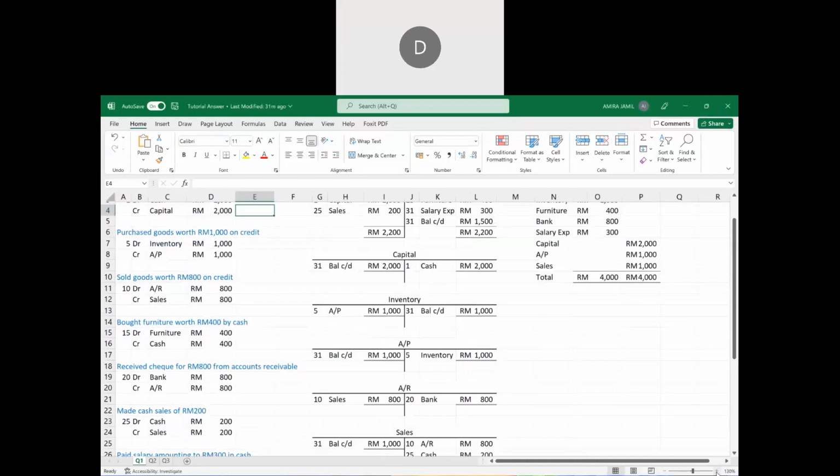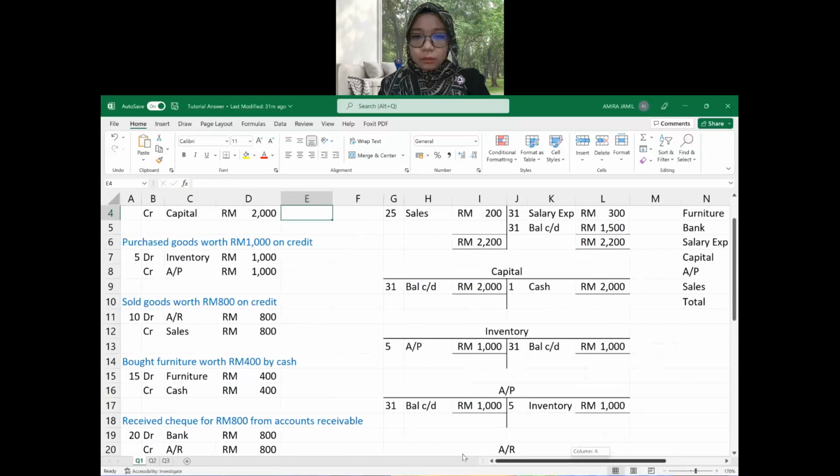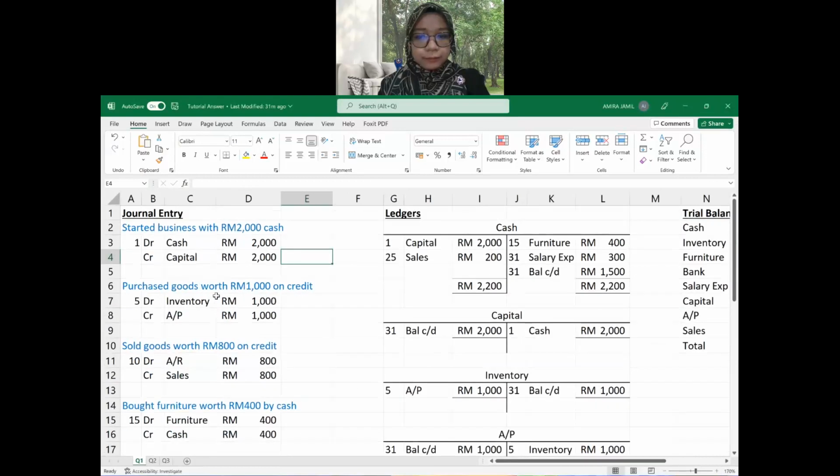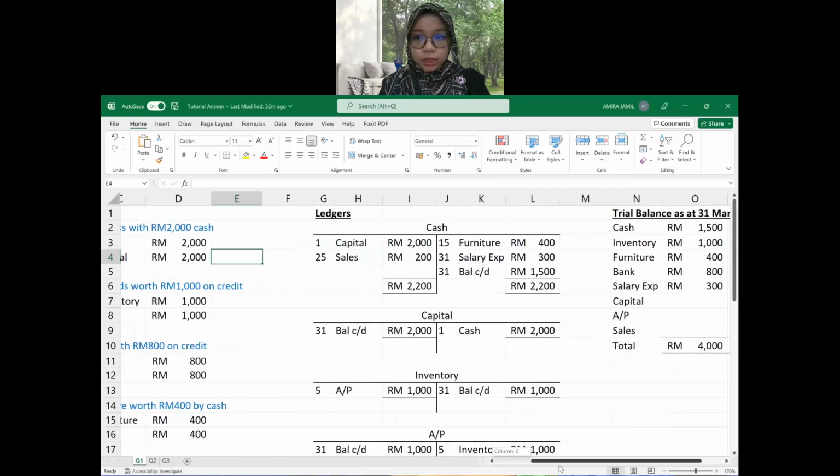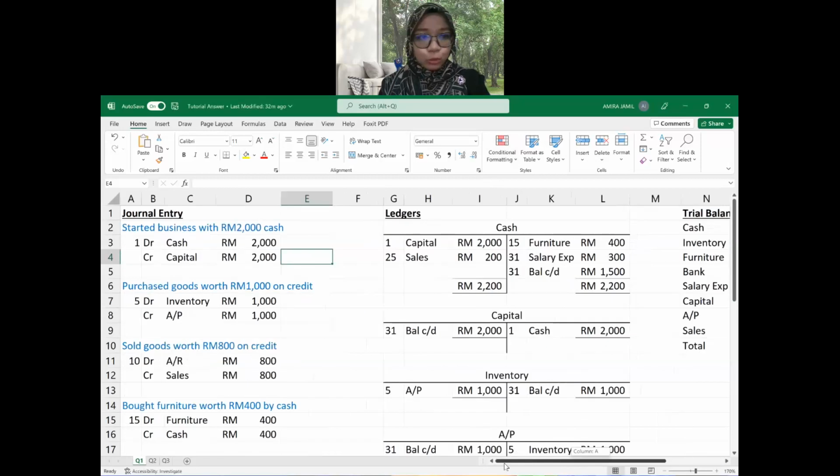Yes, madam. Okay, this is how you record each of the transactions if you get this kind of question. This is how you can report your assignment too.